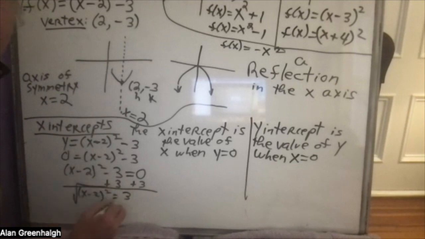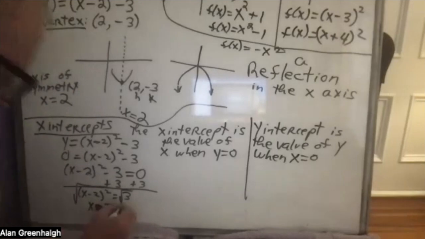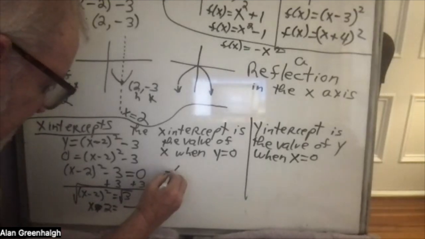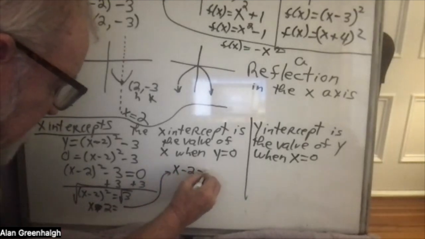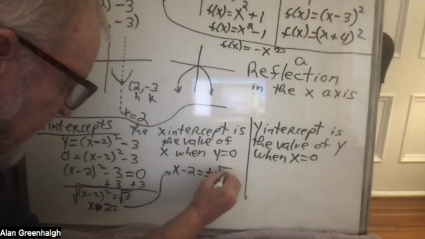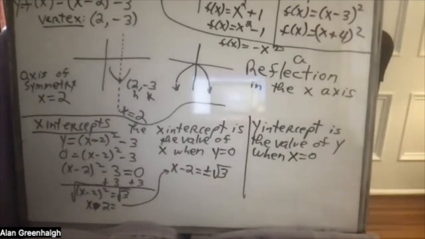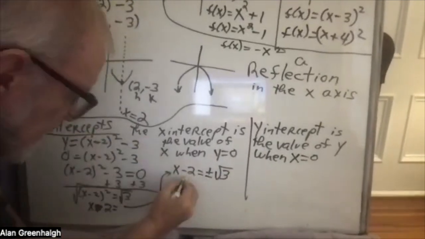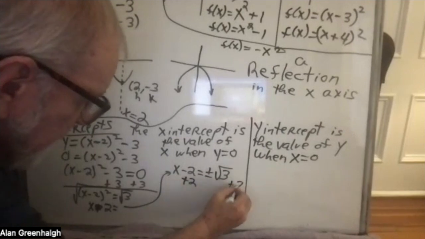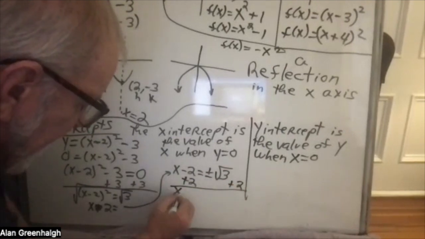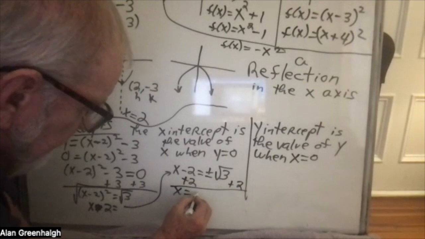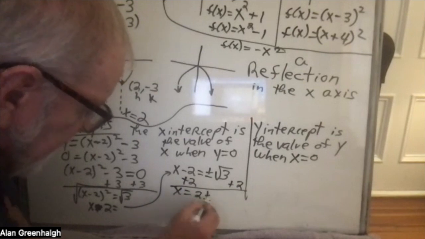Take the square root of both sides of the equation. x minus 2 is equal to plus or minus the square root of 3. Well, let's just go all the way with this. Let's bring it over there and get x equals 2 plus or minus the square root of 3.